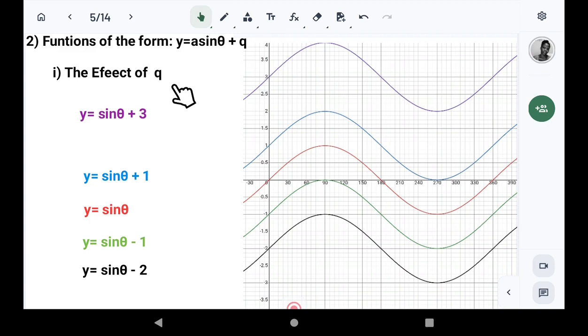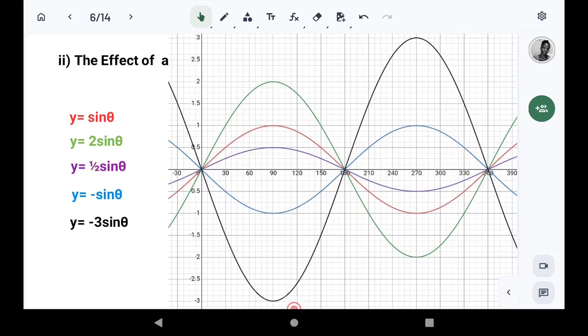That is the effect of q. In general, if your q is positive, it shifts your graph q units up. If your q is negative, the original graph is shifted q units down. Positive q up, negative q down.